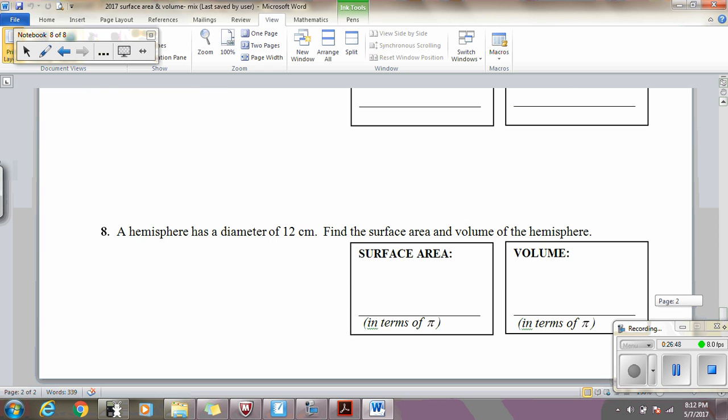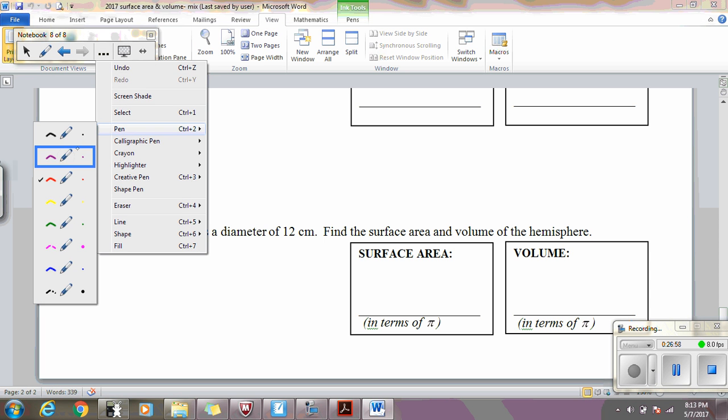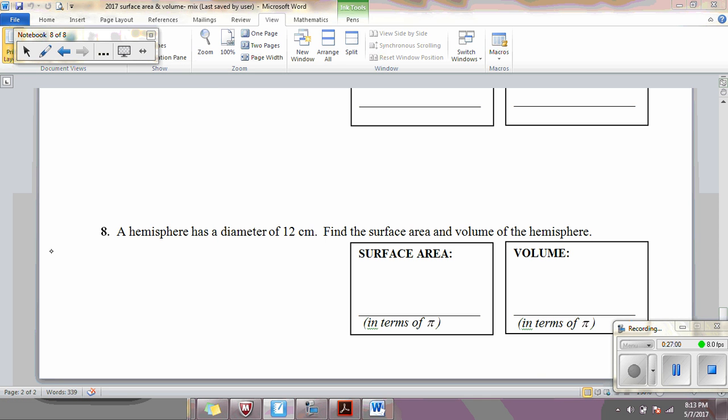All right, our last question. A hemisphere has a diameter of 12 centimeters. Find the surface area and volume of the hemisphere. So the surface area of a hemisphere, which is on your chart, can be found by taking 3 times pi times radius squared.